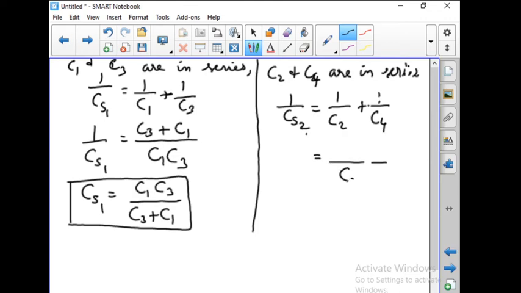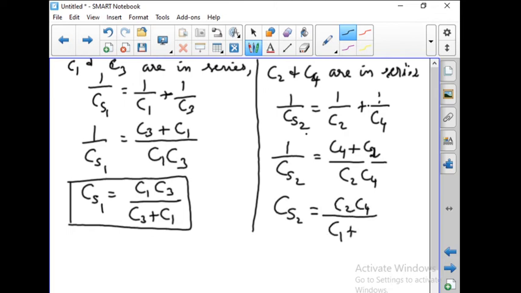So take the common denominator C2 C4: C4 plus C2. Therefore, what is the value of Cs2? It is C2 C4 by C2 plus C4.